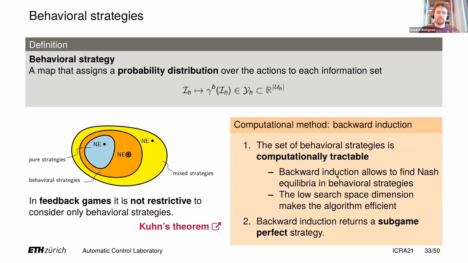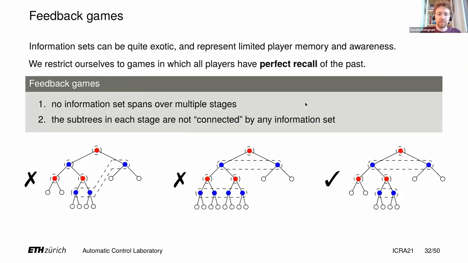Okay, feedback games, there's one reason why they're particularly nice and good for the applications that we were considering: you can define what are called behavioral strategies. Behavioral strategies can be defined in general. Behavioral strategies are maps that assign a probability distribution over the actions to each information set. So notice the difference.